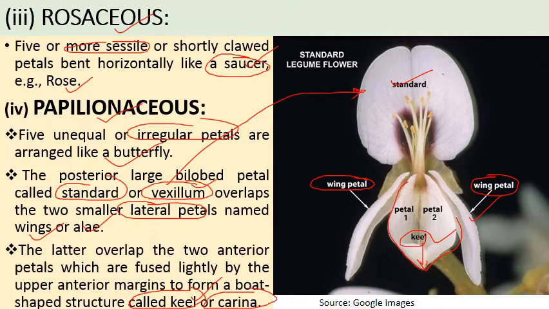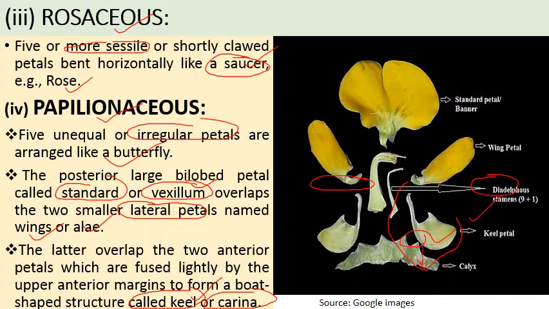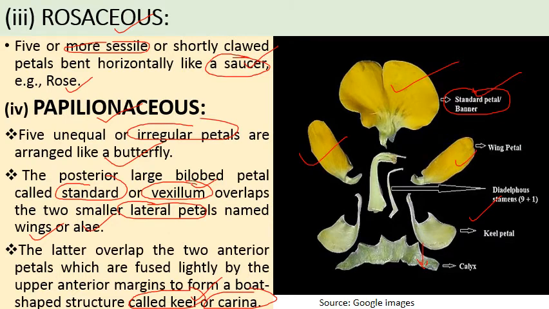So this is the arrangement of Papilionaceous Corolla. Here we can see them separately. This is the pea flower, with the posterior petal which is the standard or vexillum, the 2 lateral ones called wings or alae, and the 2 fused ones called keel or carina.